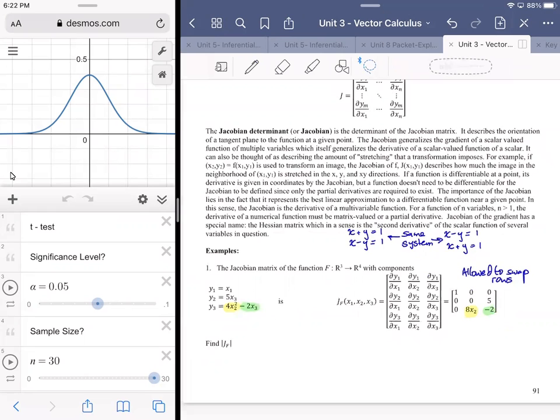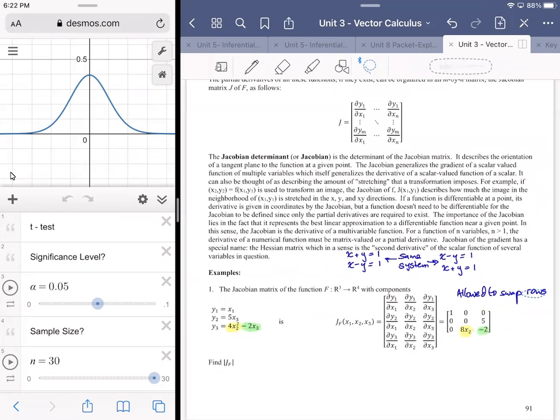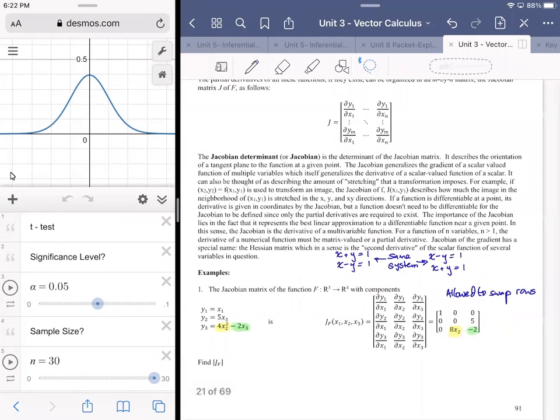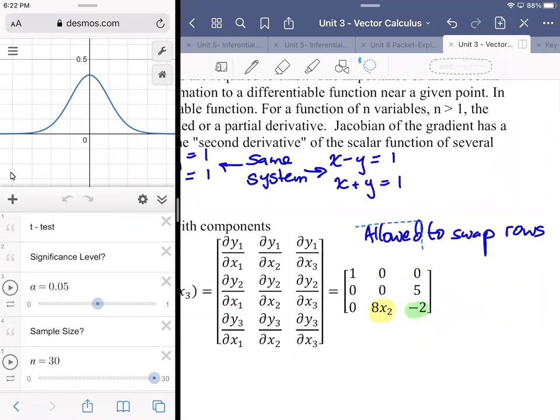And if you have experience with linear algebra, you know that already. It's a very basic rule. It's called an elementary row operation, with the emphasis on the elementary.